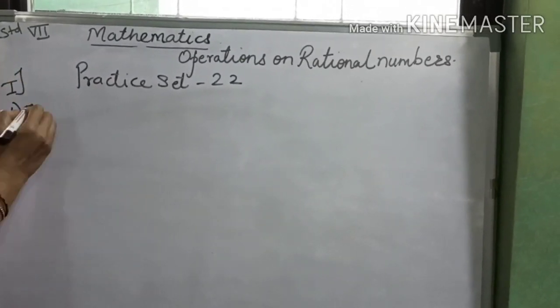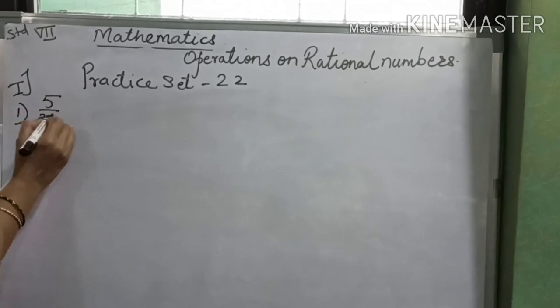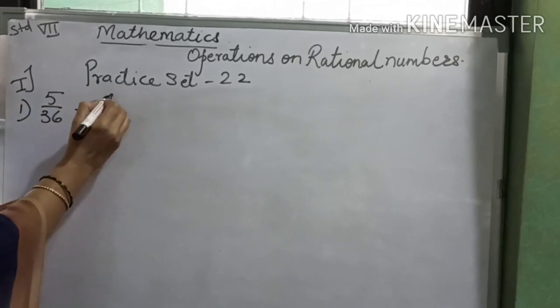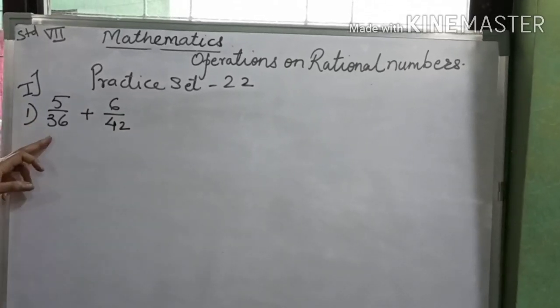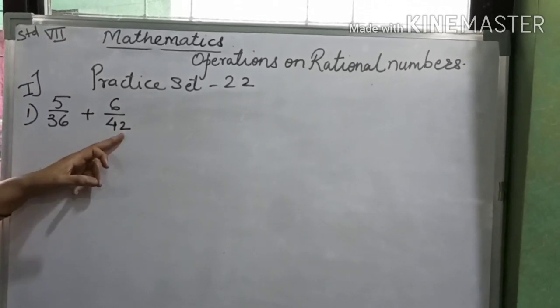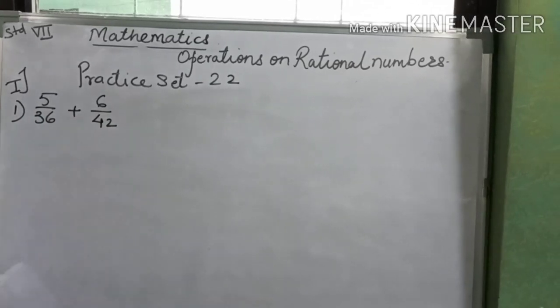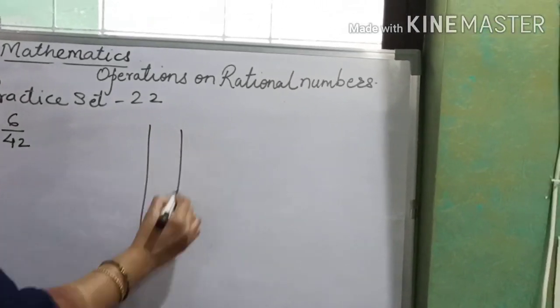Sum number 1, 5 upon 36 plus 6 upon 42. So here you have to find out the LCM of 36 and 42. So we will find it out in the rough.